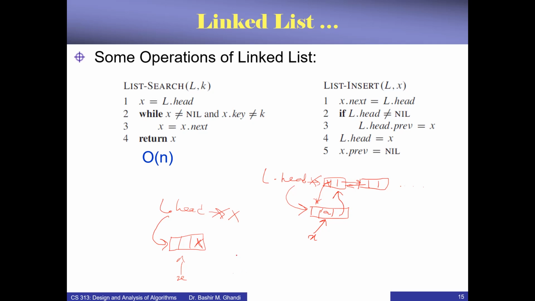Okay, and the final operation is to say x.prev becomes nil. Because this is the first element in the list, its previous should be nil. So make this to be nil and also make this to be nil. This is the idea. So this is the operation of the insert.